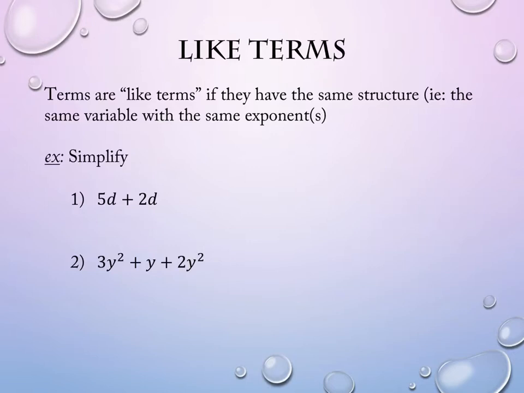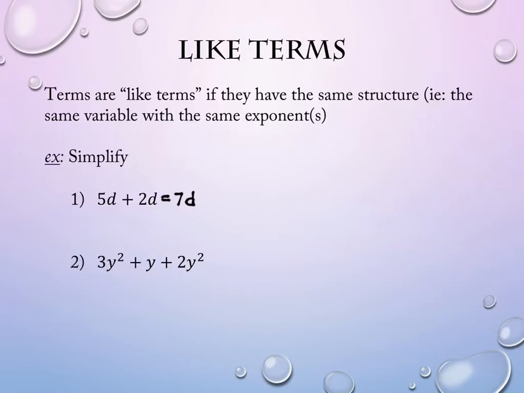And I can combine them just like I could combine the 5 and the 2 if it were just 5 and 2 standalone. What would 5 plus 2 be? 7. So this one's also going to have a 7. And it will be 7D, because the others were also D.